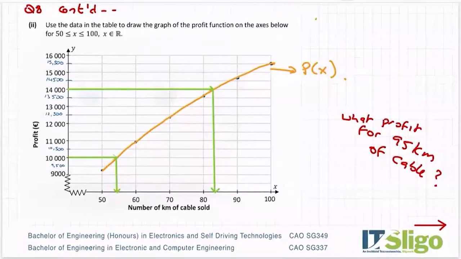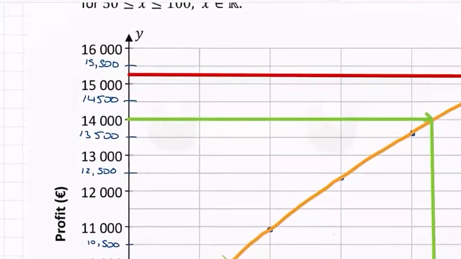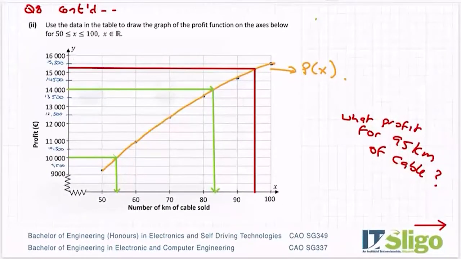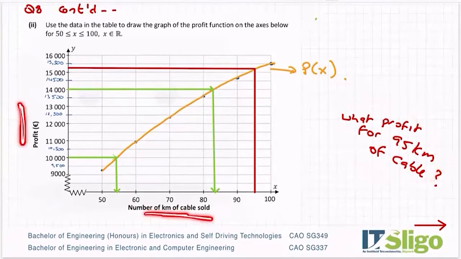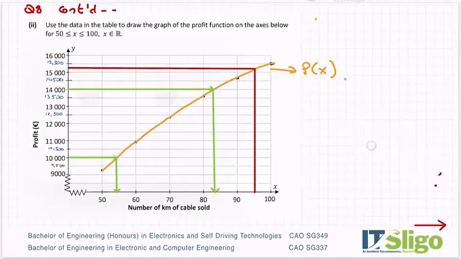Again, I would come up at 95 until you touch the graph, and then you go right across. You can see if you sold 95 kilometres of cable, you're going to make something like 15,250 euros. So look at what's on the two axes, see what they gave you, and whichever axis that matches, approach your curve from that direction. Then you go across to the other one.